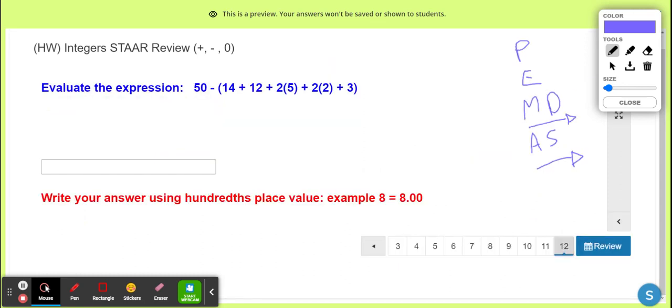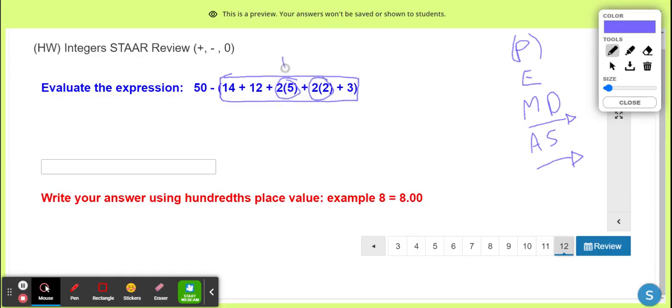Last one, we're going to use order of operations, PEMDAS. We're going to look at parentheses here, so we're going to start there. Inside the parentheses, we have multiplying and multiplying.